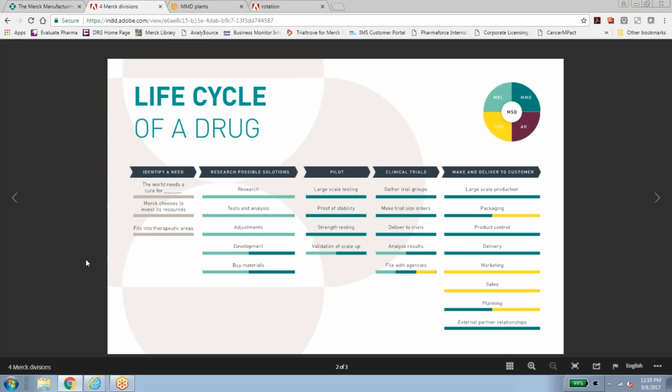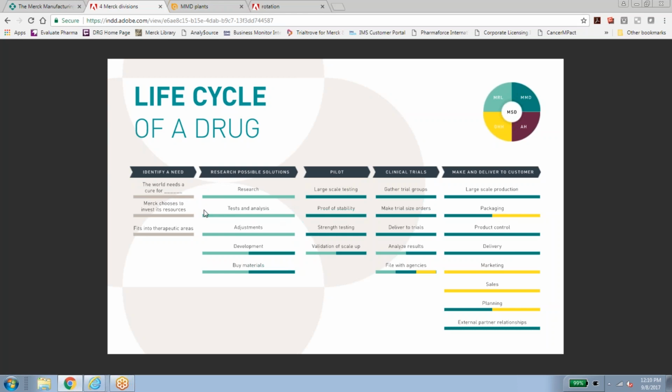So ultimately, Merck is involved from what we call the cradle to the grave of the life cycle of a drug. So we begin with identifying a need, researching possible solutions, piloting those possible solutions. This is conducted through clinical trials. And then ultimately, we're able to make and deliver these innovative medicines to customers.